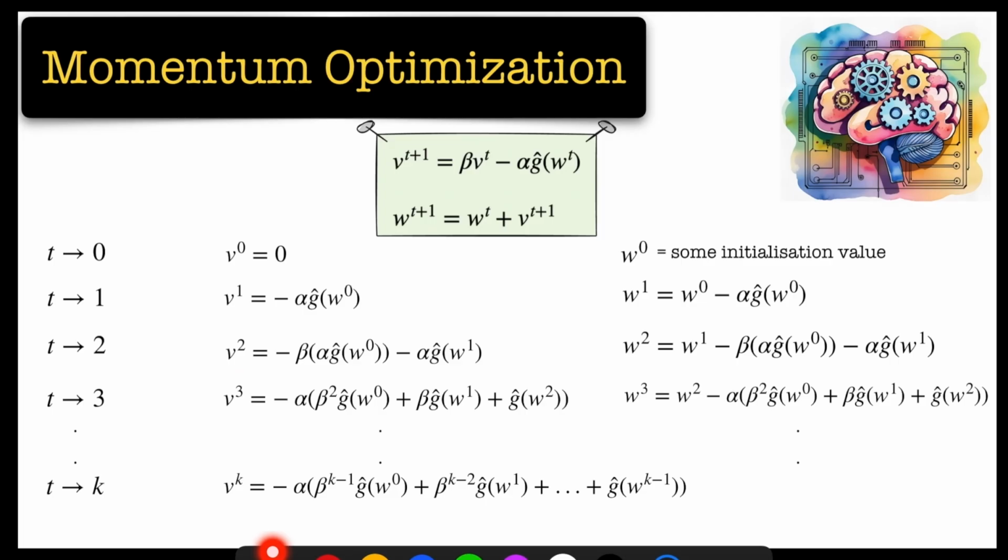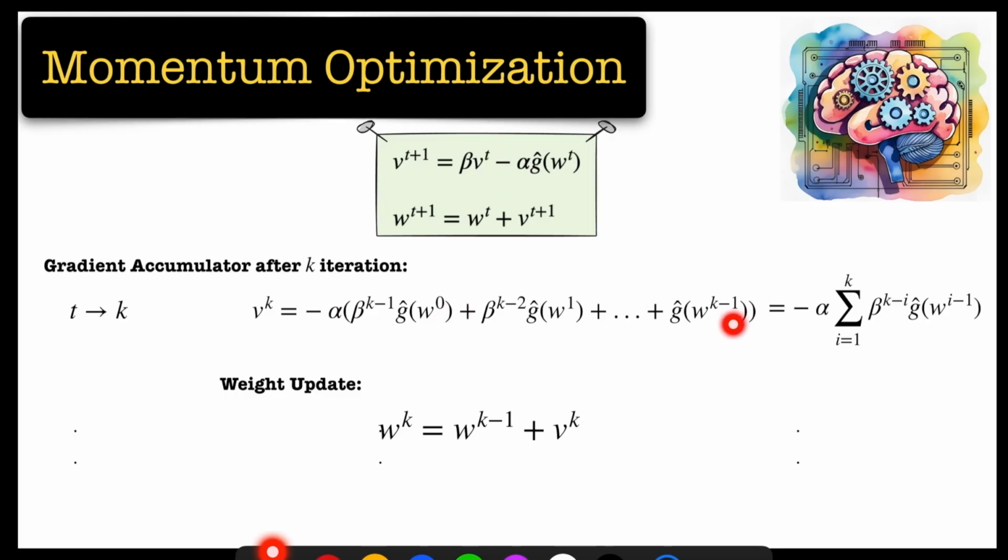So this was V3: minus alpha, beta square, that is 3 minus 1, then beta, then 1, with g hat W0, g hat W1, till g hat W2. Similarly for Vk we get minus alpha times this whole thing, with beta power k minus 1, beta power k minus 2, till 1, and g hat W0, g hat W1, till g hat W k minus 1. Don't get confused, we need this for our intuition.